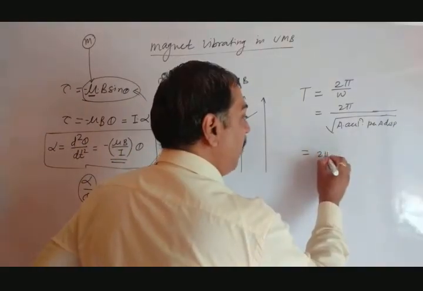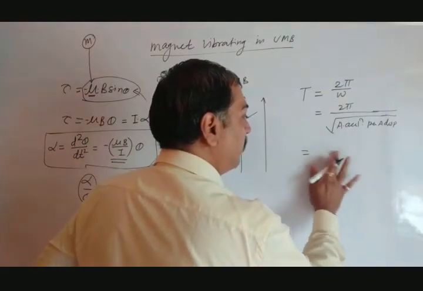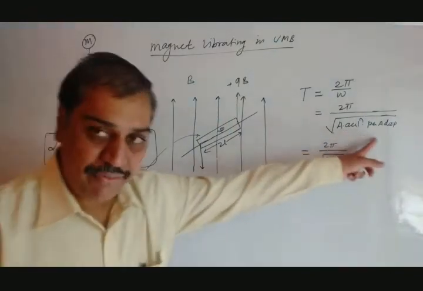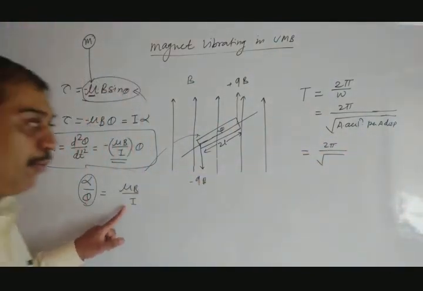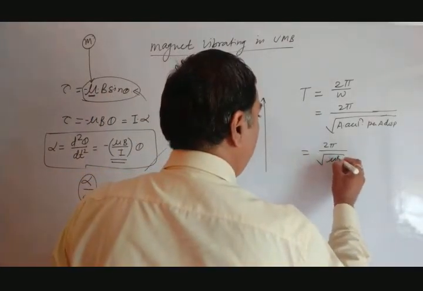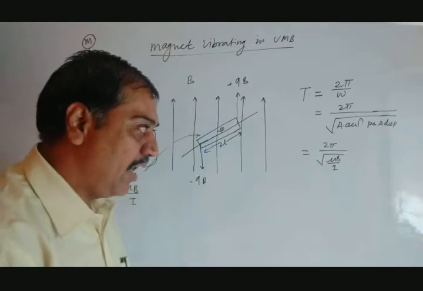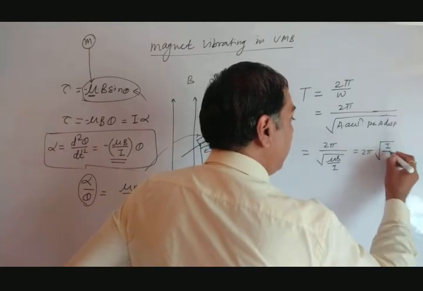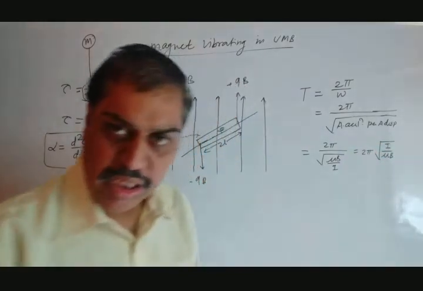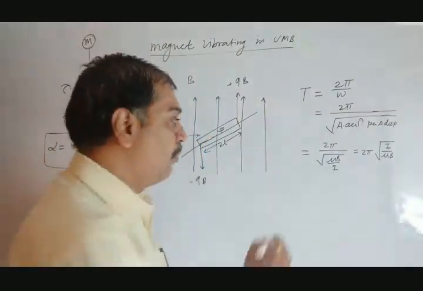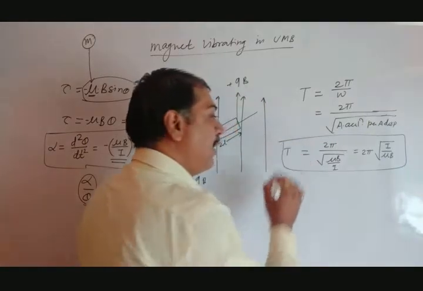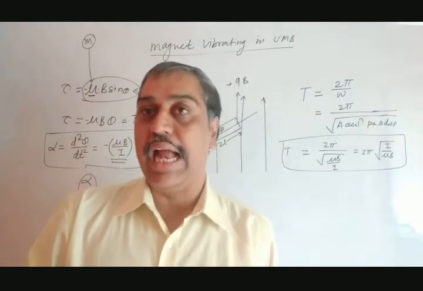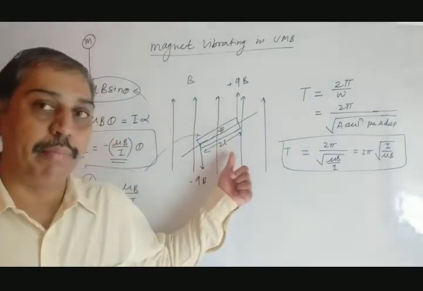Put it here and rewrite the formula: 2 pi divided by the square root of alpha by theta, and this alpha by theta is mu B divided by I. Solve it, and you can write the same as 2 pi times the square root of I divided by mu B. This is the equation for the time period of the angular simple harmonic motion performed by this magnet.